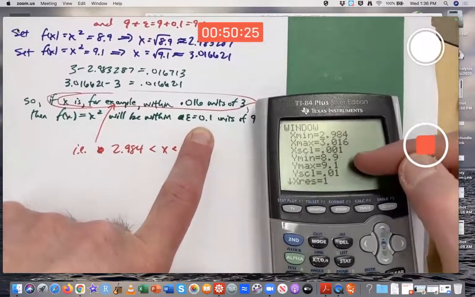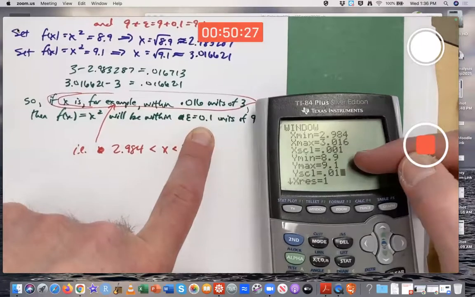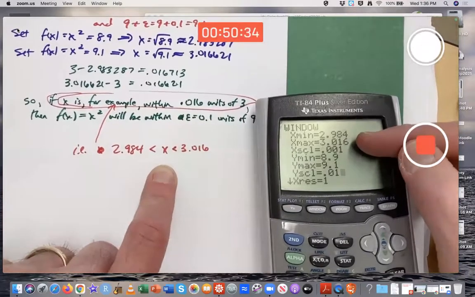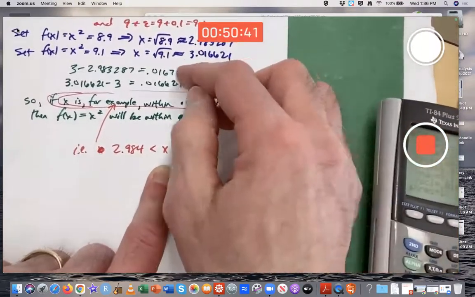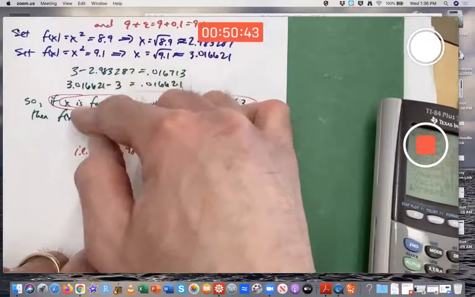So in the y direction, these numbers are 0.1 units away from 9, epsilon units away from 9. In the x direction, these two numbers are 0.016 units away from 3. They are closer than these two numbers are to 3.